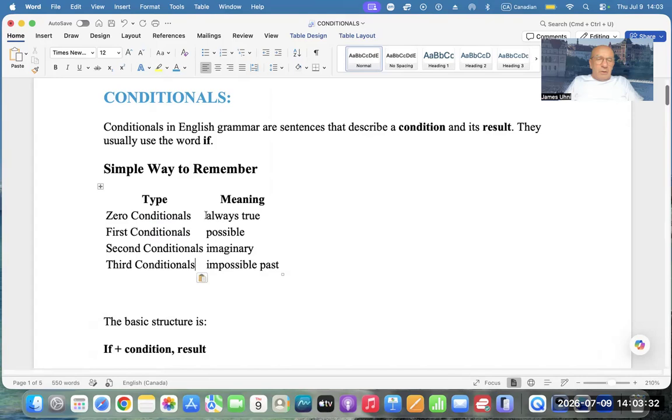Now I will make a little bit greater space over here for better visual, and I'm going to play a little bit with it as well. So for example, zero conditionals, I will change into orange color, and it's always true.